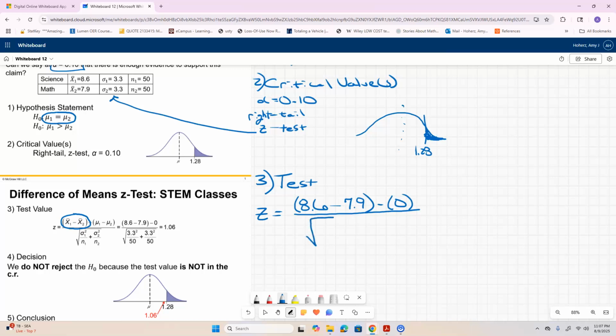Then on the bottom, we need sigma 1 squared. So sigma 1 is 3.3, and we need to square that. Then we're going to divide that by the sample size, which is 50. So 3.3 and 50.